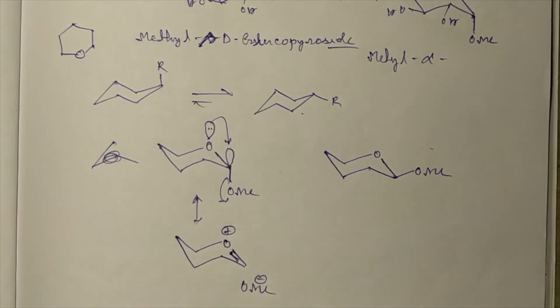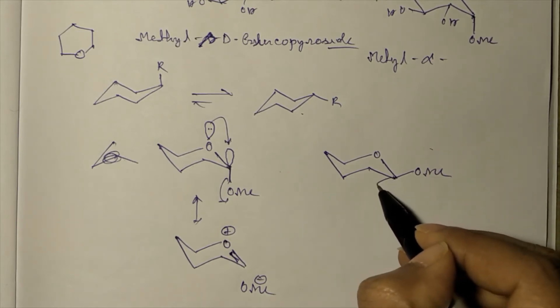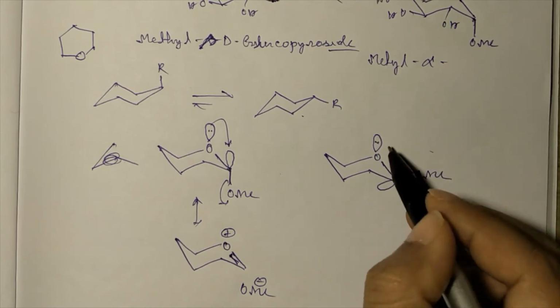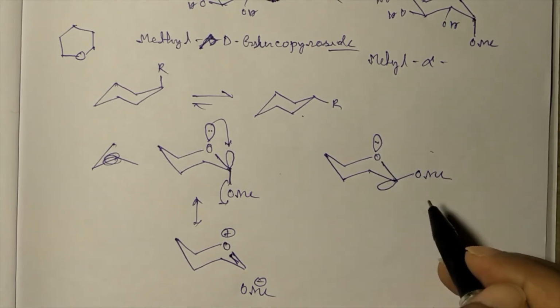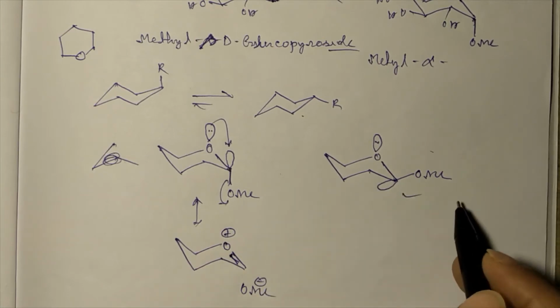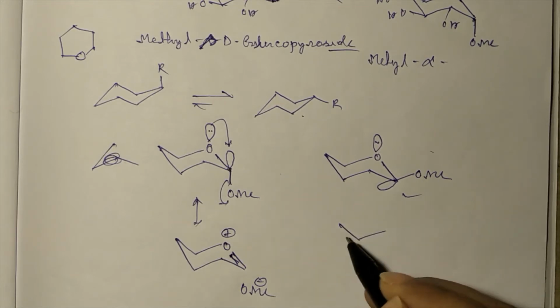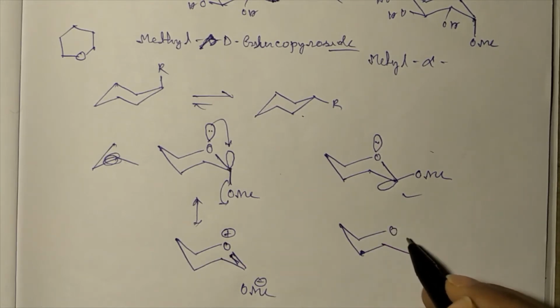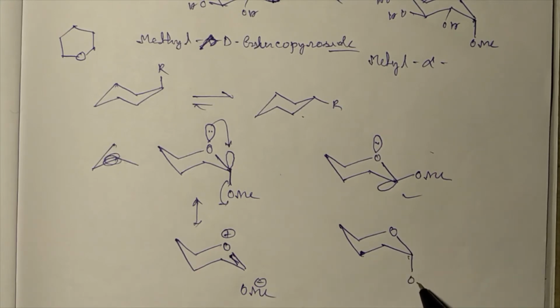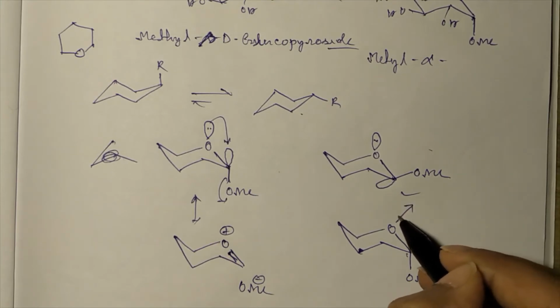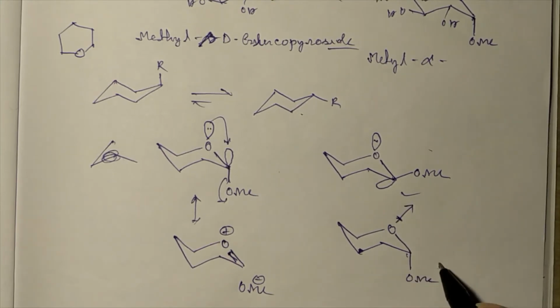One of the reasons is this, but here we see that the sigma star antibonding orbital and the lone pair are mutually perpendicular, so this effect will not operate here. So that is one reason why the axial isomer is more stable. And there is also another reason. Here the dipole moment will operate in this direction and here it will operate in this direction.